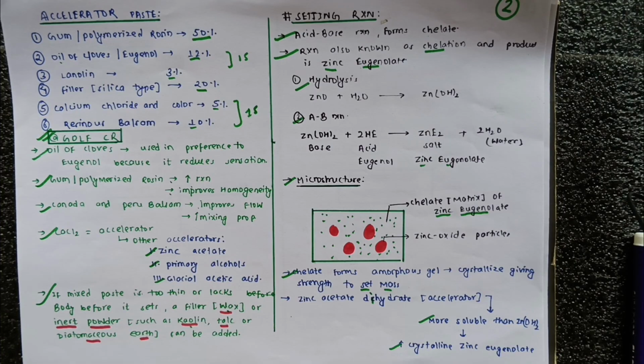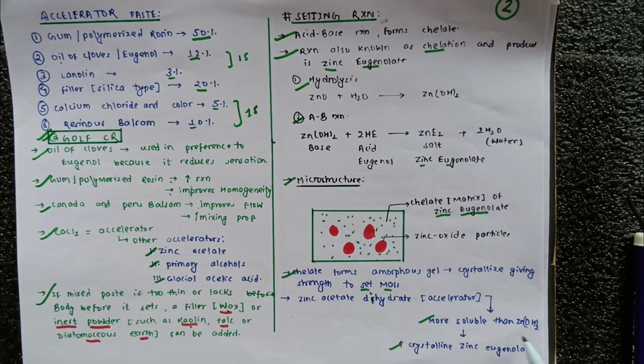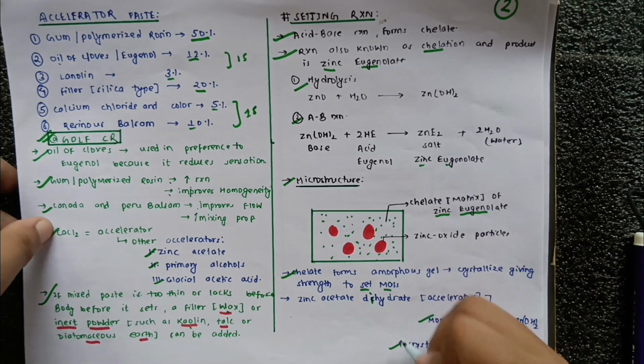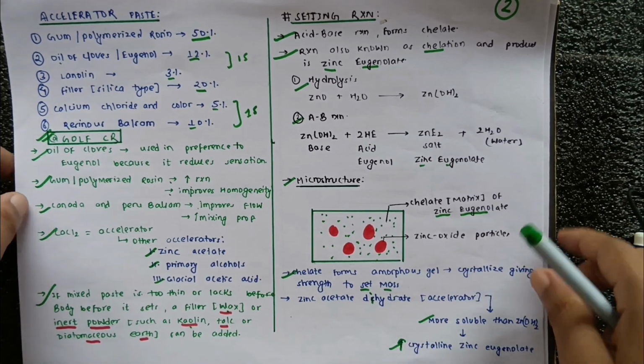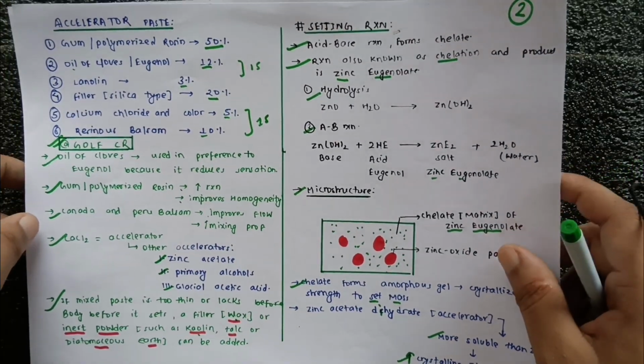That is the importance of zinc acetate or calcium chloride, CaCl2. Since zinc hydroxide is formed from zinc oxide plus water, and these are more soluble than zinc hydroxide, they increase the rate of forming crystalline zinc eugenolate. That is the important thing you should remember from this paper.